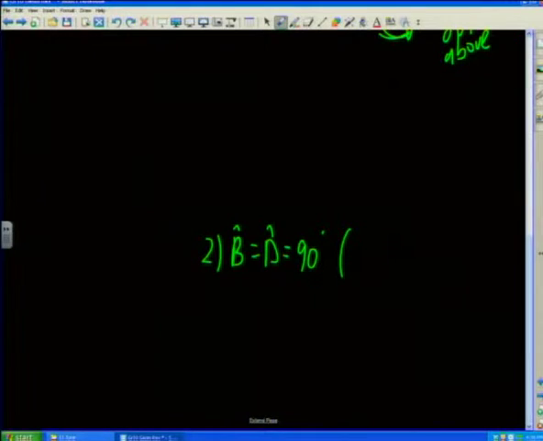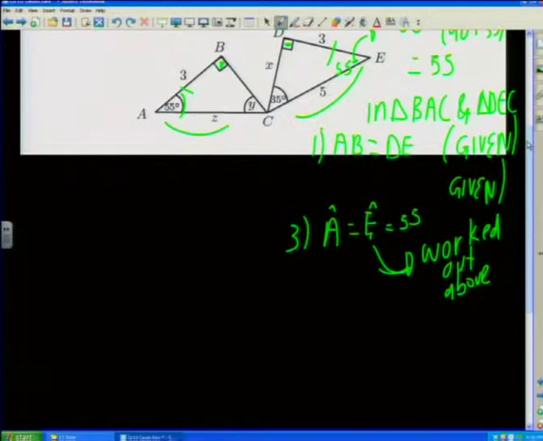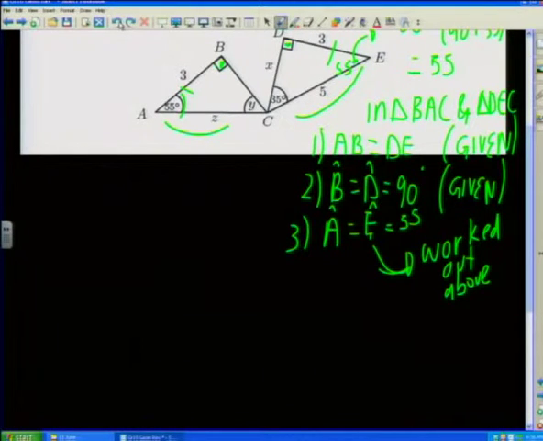So let's have a look at all of the reasons that we've got here. We've got AB equal to DE, that's a side. Angle B is equal to angle D is 90, that's an angle. Angle A is equal to angle E is equal to 55, that's another angle.